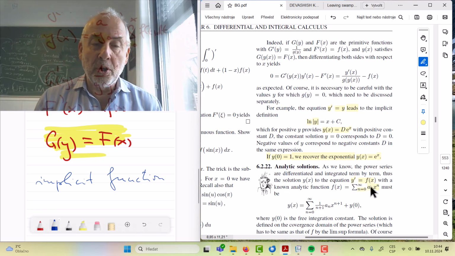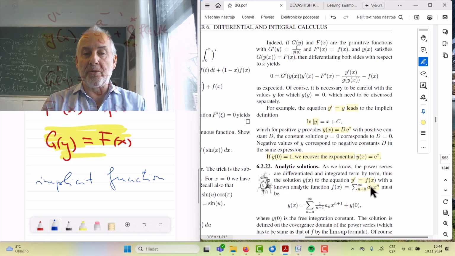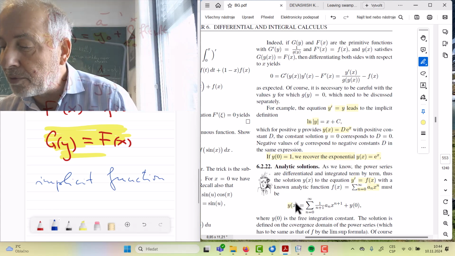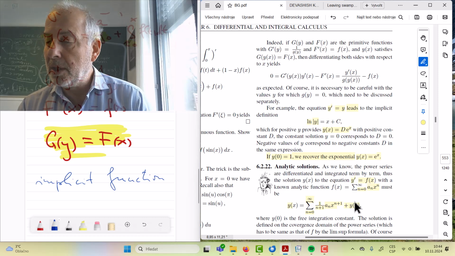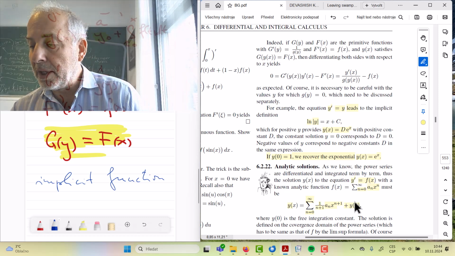And of course we know the power series are integrated and differentiated term by term. So we know exactly what the solution will be, right? That's this. Very easy going.